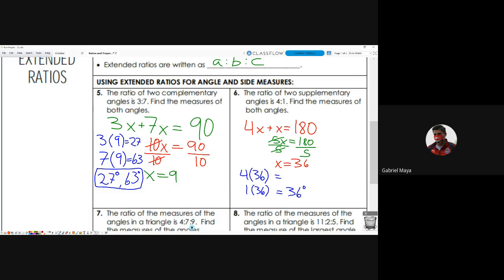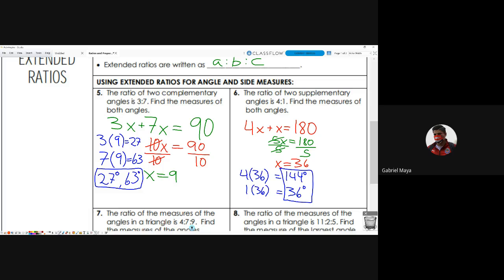144 degrees. Those are the measurements of our angles.